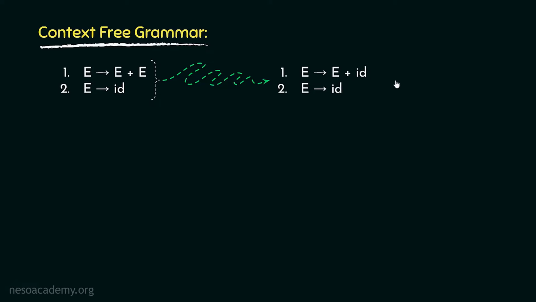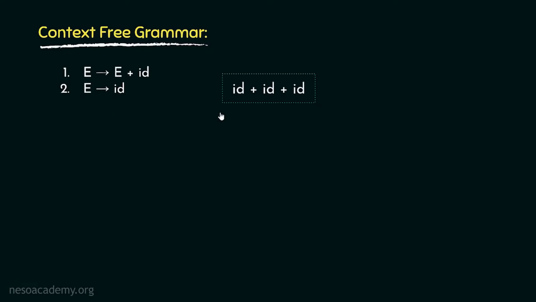Let me illustrate. Say, with this modified set of rules, we are trying to derive the same string ID plus ID plus ID. Let's begin with the start symbol E. Using the first rule, we will derive E plus ID. Now notice carefully, at this level, the only non-terminal is this E, and alongside it, we have the terminals, this plus and this ID.